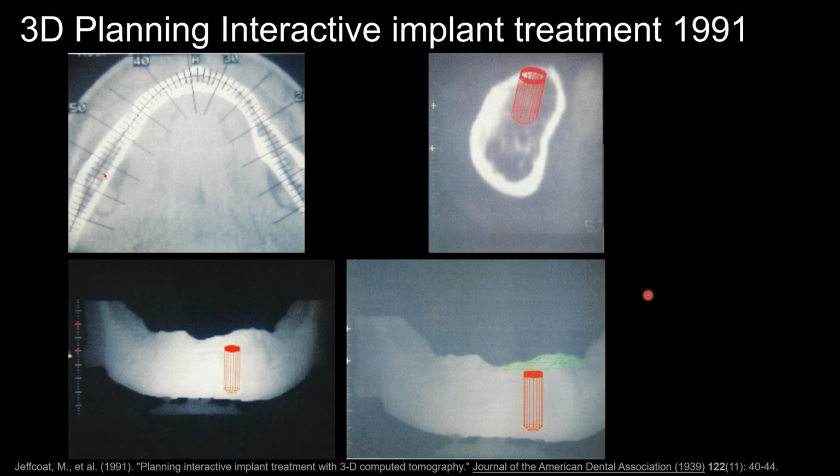After talking about neurosurgery, we can apply this technique to dentistry. The 3D printed guided implant treatment, the earliest I can find, was in 1991. At that time we planned implant placement, but still were not using guided implants or dynamic navigation.